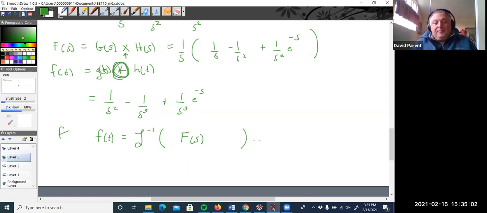So all I have to do is find the inverse Laplace of this, the inverse of that, and the inverse of this. If I look this up on the table, what you're going to find is that you get t. Okay. Here, I'm going to get minus t divided by 2.